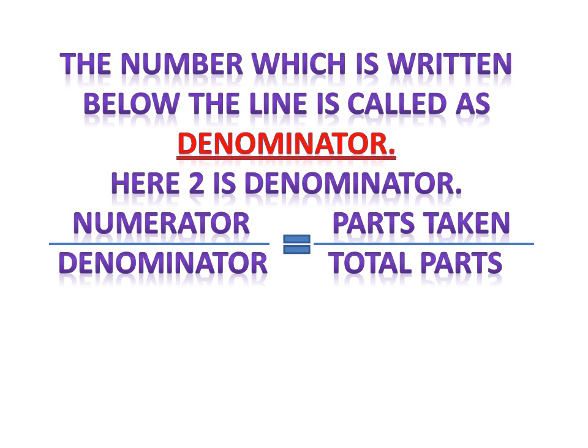Here 2 is the denominator. So numerator is written above the line and denominator is written below the line. Numerator means parts taken and denominator means total parts, total parts in which the given figure is divided.